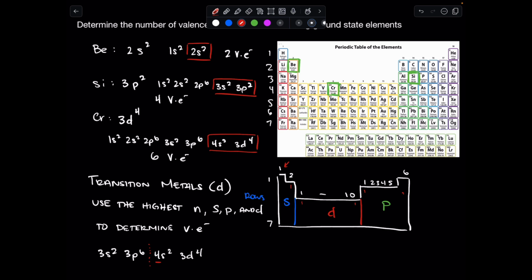Even though this 3d is a lower energy level, since 3 is less than 4, it's going to be higher in terms of potential energy compared to the 4s. So we're going to include it in our valence electrons. Everything to the left, we're going to toss, and everything to the right, we're going to keep. And that is why we have 6 valence electrons for chromium.